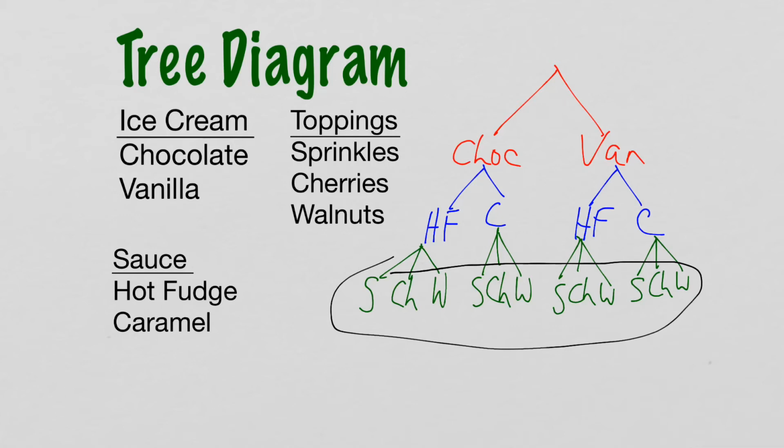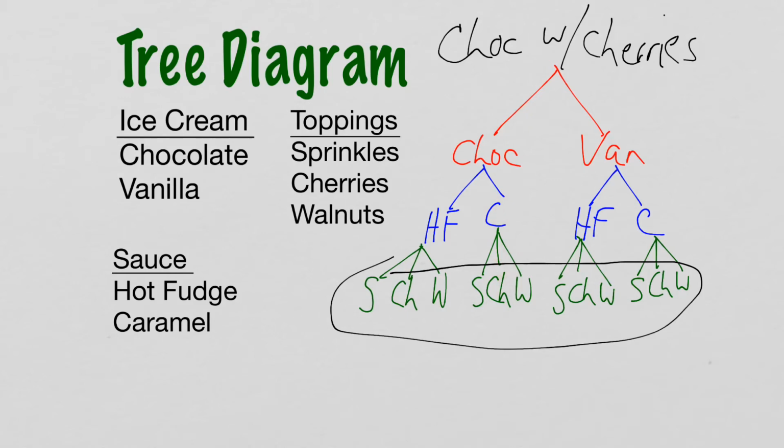So if you remember, my question at the very beginning was, what was the probability of having chocolate ice cream with cherries? Well, I'm going to look at this and say, all right, I could have chocolate with hot fudge with cherries, but I could also have chocolate with caramel with cherries.